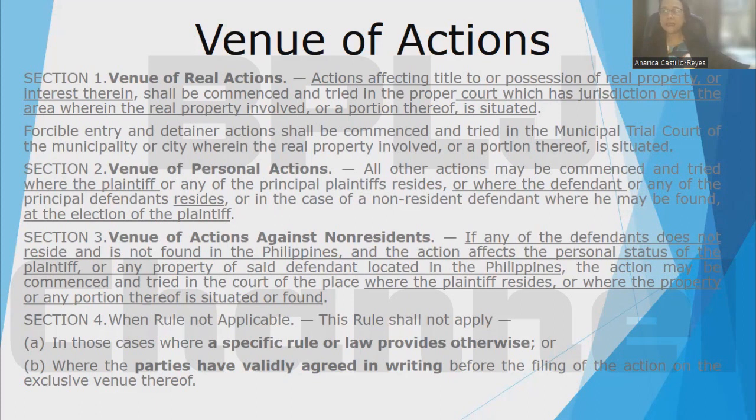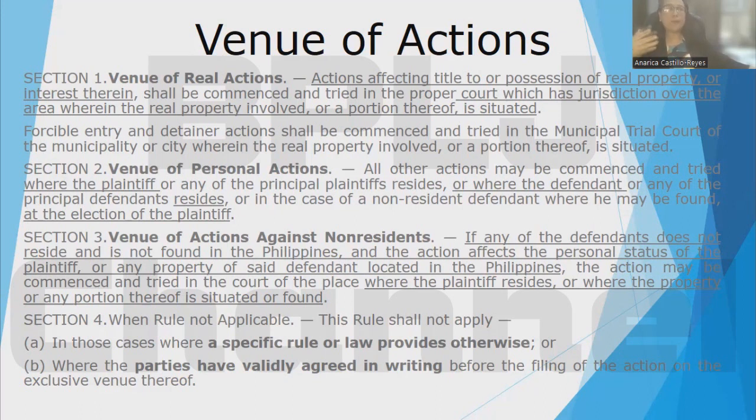Since a collection of sum of money is a personal action, because it does not involve title to or possession of real property, the next thing that you must consider is, where is the residence of the plaintiff? Where is the residence of the defendant? At the election of the plaintiff, his residence will be the place where he will file the action.